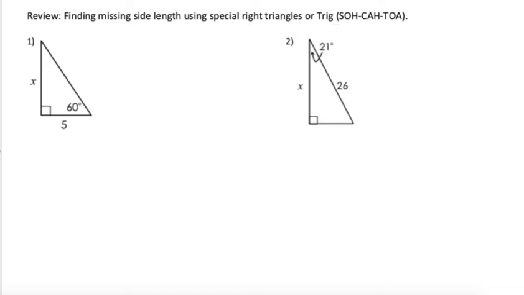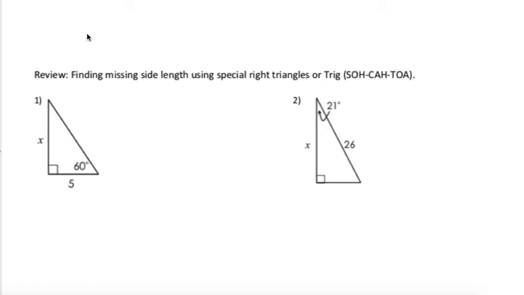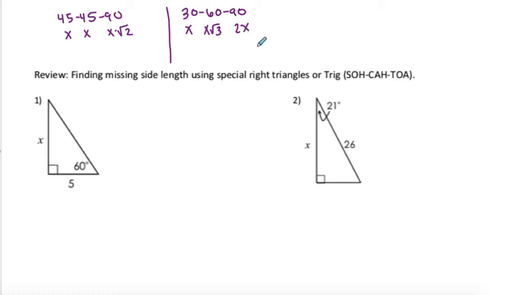We have a 45, 45, 90 that follows the pattern of the legs are the same and you multiply by radical 2 to get the hypotenuse, or a 30, 60, 90, which says I have a short leg times radical 3, and short leg times 2 for the hypotenuse. If we know these and can apply them, it can be fast.